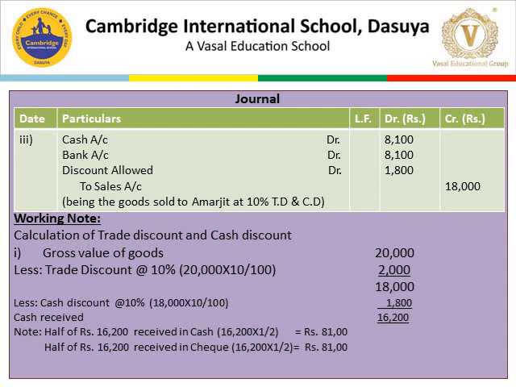Now 8,100 is what we are left with: after deducting cash discount from 18,000, we are left with 16,200, and half of 16,200 is 8,100, that is paid by check, and half is paid by cash. So cash amount is 8,100, bank's amount is 8,100, discount allowed is 1,800, sales is 18,000. So in this way this transaction is completed.